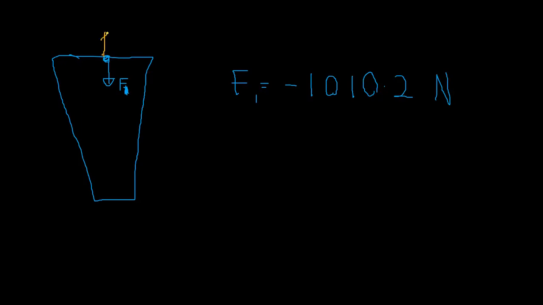There's a reaction of R, right? There's a reaction of R and there's a body force of W1 over 2, right? So that means F1 is equal to W1 over 2 minus R, right?